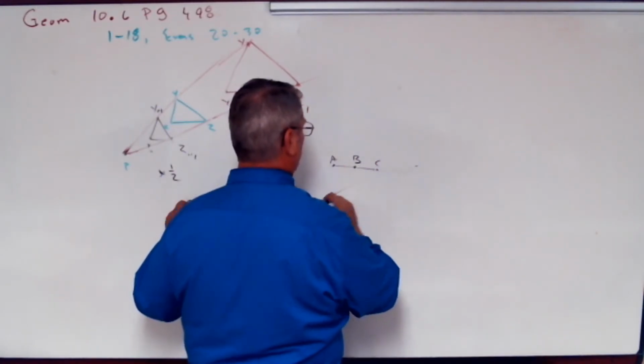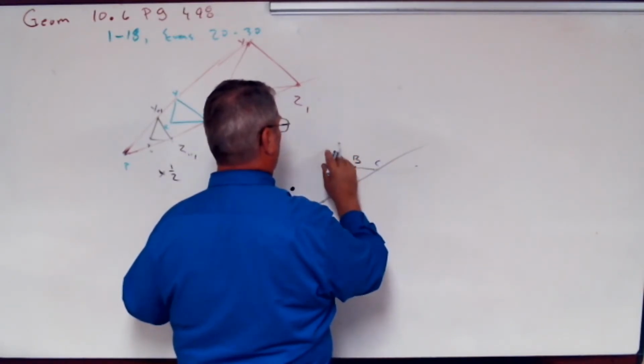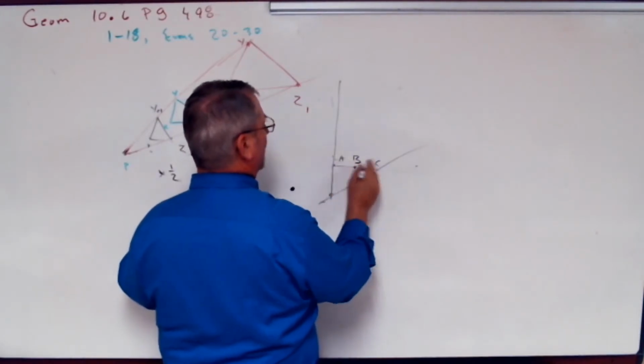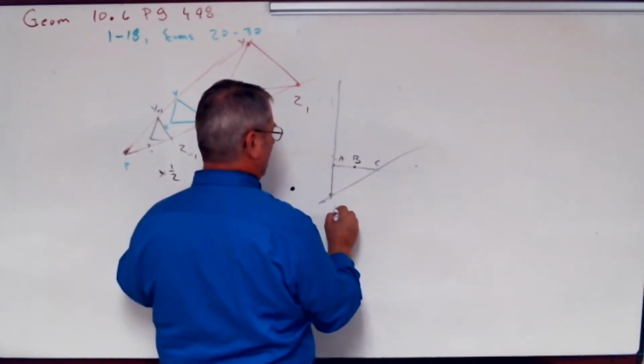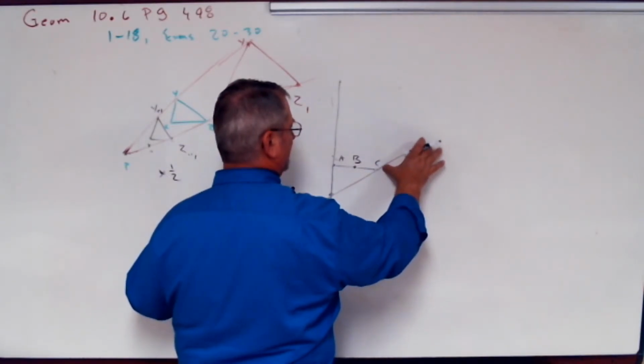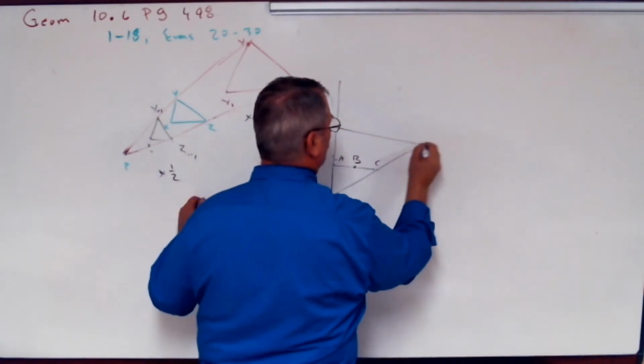Okay, so we do our detail like this. Here's my ABC. Here's my point P. If let's say I double this thing here, this comes out to here. This comes up to here. So here's my new line.